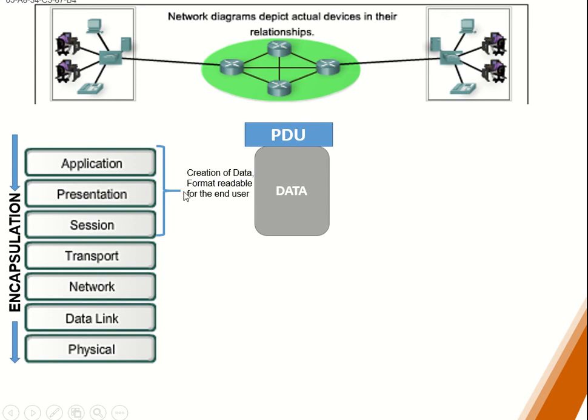So, this is the creation of data. The format of your data here is readable to the human end. For example, when you click on your browser, or when you click on the Facebook application on your mobile phone, you are creating information or a message to the server, directing the server that your Facebook application should open, or that google.com should appear on my screen.